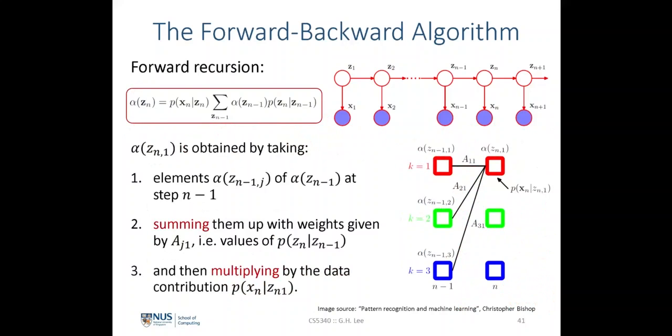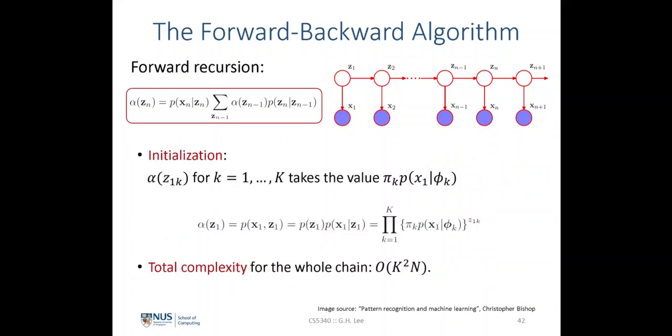So this slide is what I have mentioned earlier on the computational step, and one question remains: how do we initialize the alpha value for alpha z1, the first random variable? We can see that alpha z1 is essentially equivalent to the joint probability distribution of x1 and z1.